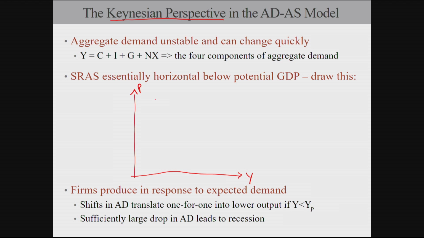So you can think of there being some sort of aggregate demand curve, and we talked a bit last time about why this was downward sloping.